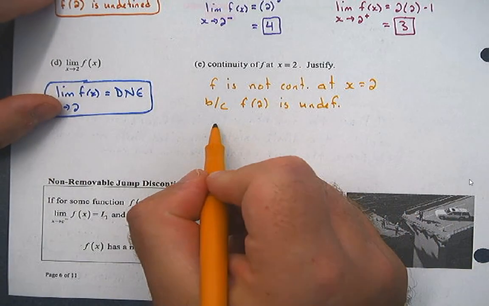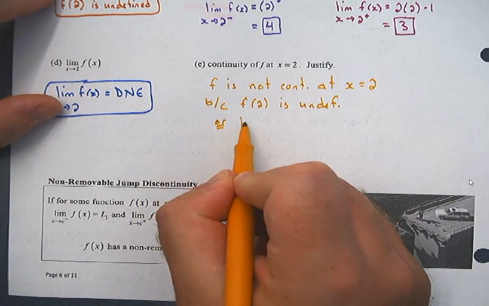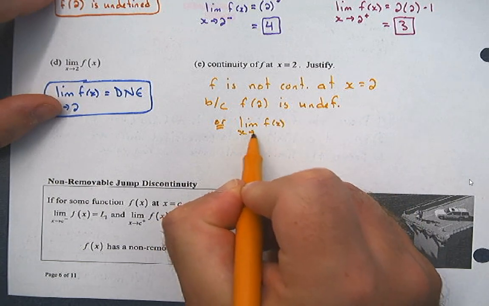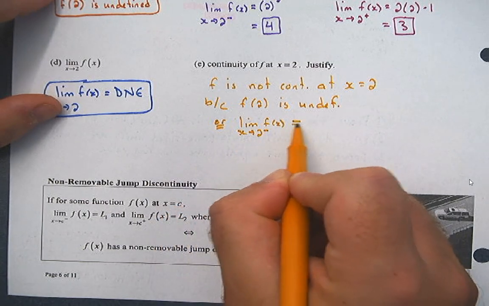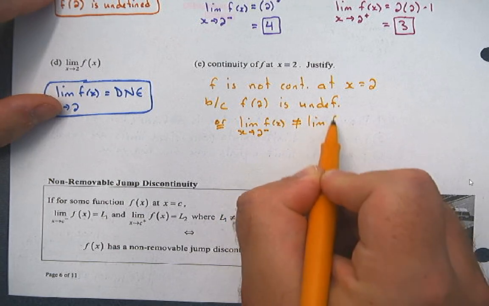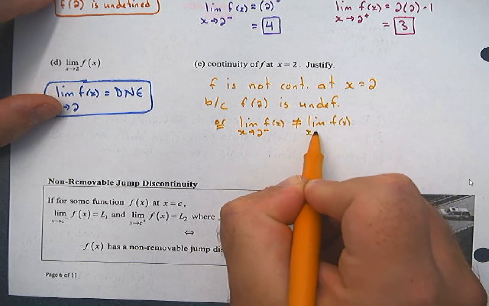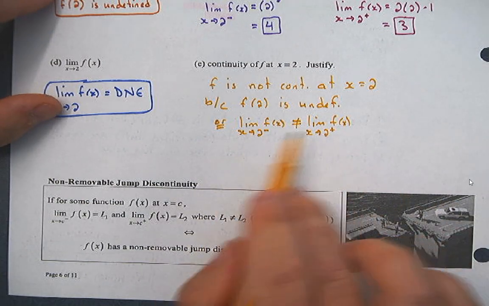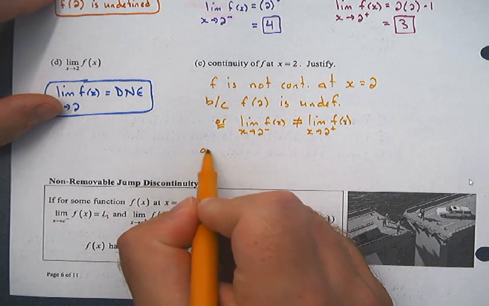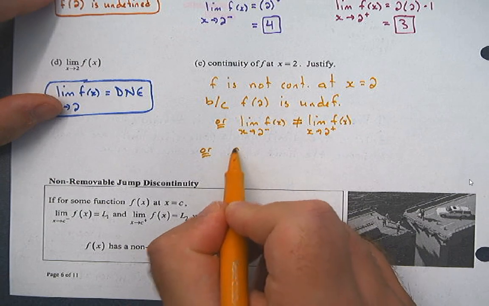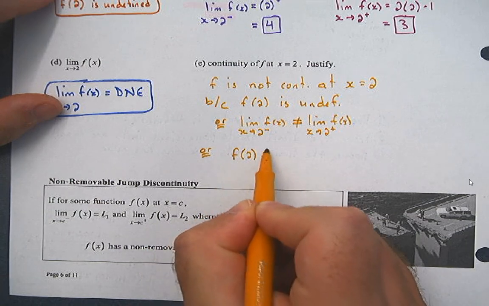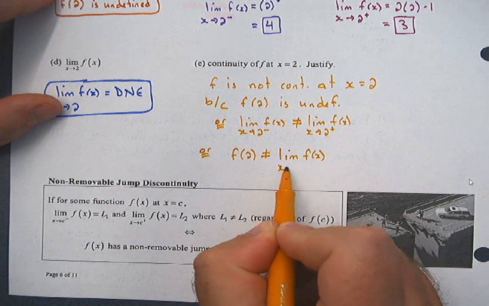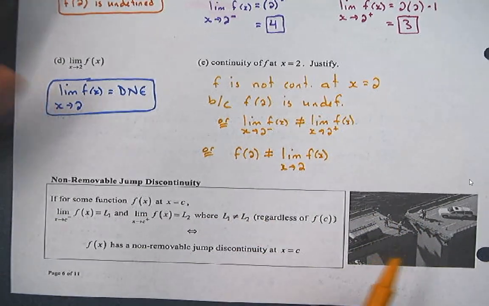We could also say the limit of f of x as x approaches 2 from the left does not equal the limit of f of x as x approaches 2 from the right. So the one-sided limits aren't equal. Or we could say that the function value f of 2 does not equal the overall limit as x approaches 2. Any one of those would be fine.